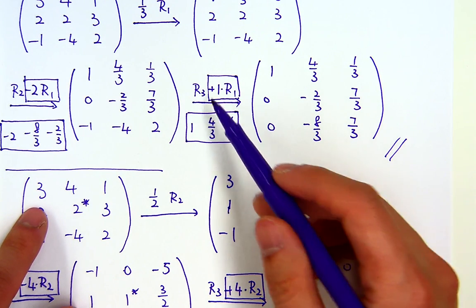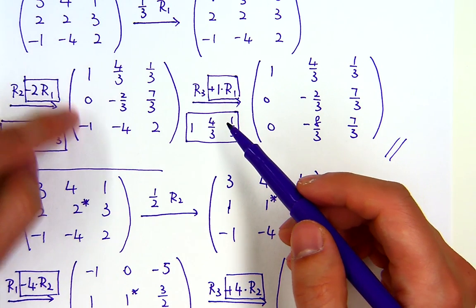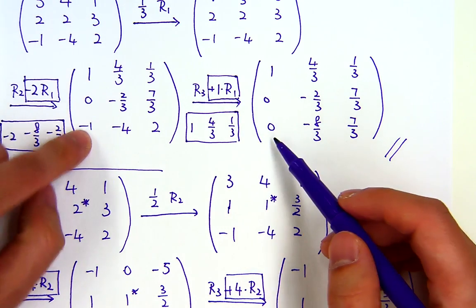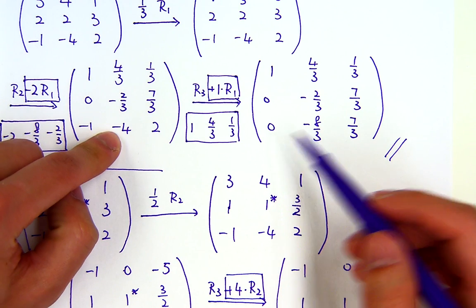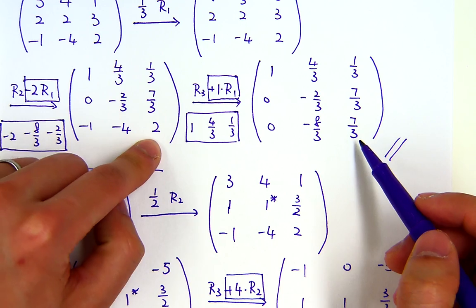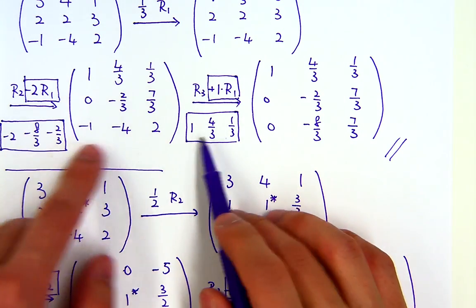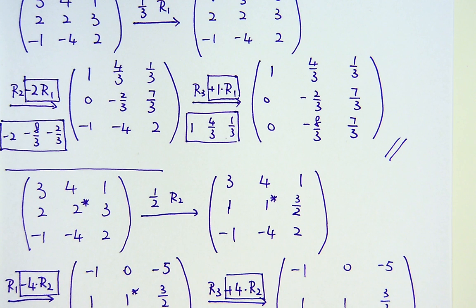So all I need to do in this step is just add carefully the first row to the third row. 1 plus -1, 0, 4/3 plus -4, -8/3, 1/3 plus 2, 7/3, etc. Instead of copying this row again and doing the auxiliary row.